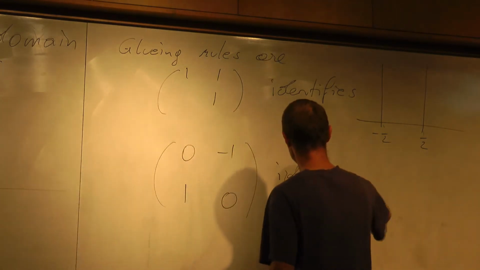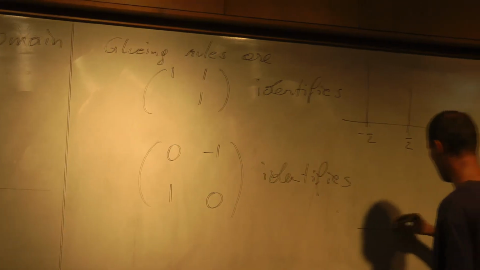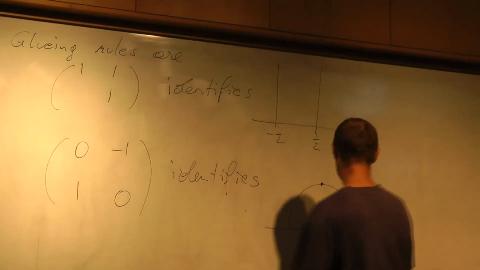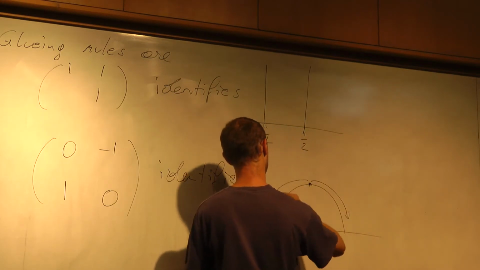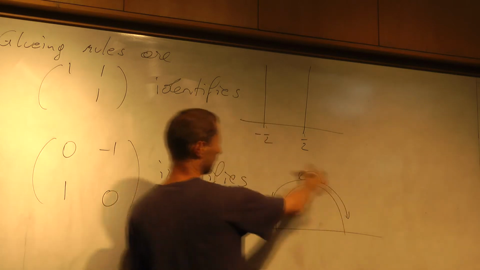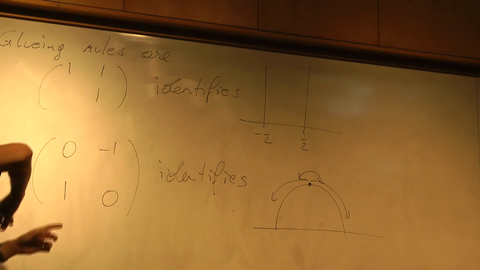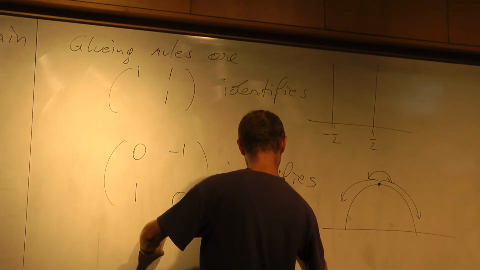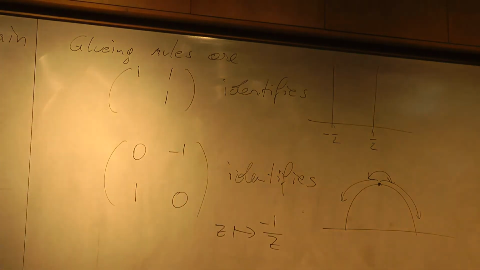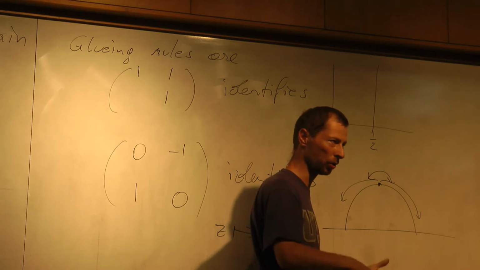And this identifies this side with that side. So these two, i gets fixed because it's an SO2 matrix, and one gets identified to the other. It's the map z goes to -1 over z, and it's basically inversion on the circle, except that inversion on the circle would be anti-holomorphic, so it's not really inversion of the circle.